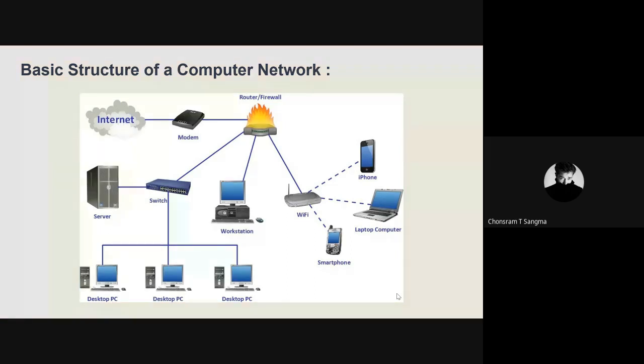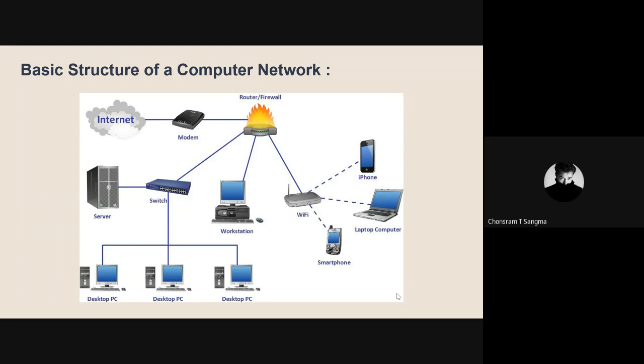In the middle we have our workstation, and on the right side we have Wi-Fi, which is connecting to an iPhone, laptop computers and our smartphones. That Wi-Fi is again connected to the same router and firewall. Then that router and firewall is connected to a modem, and finally that modem is connected to the internet.